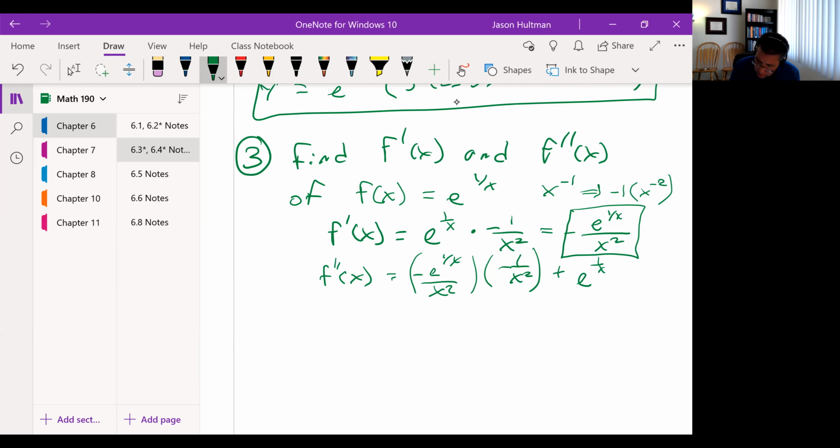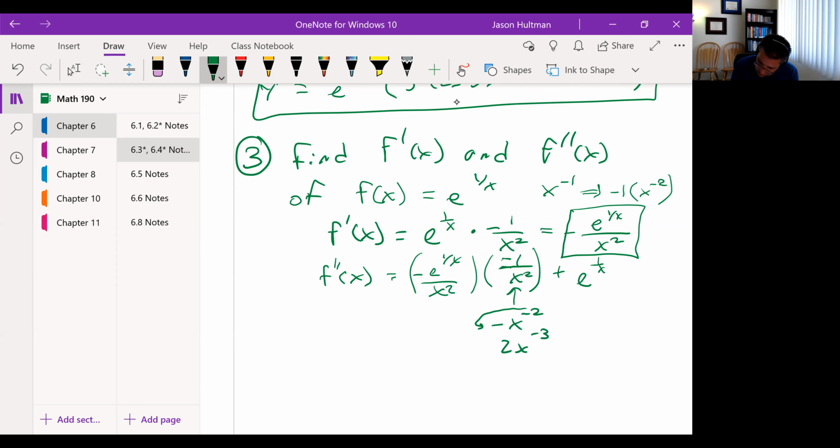Well, that's going to be positive. There's a negative here, by the way, just making sure that negative doesn't get lost. So if I look at this guy here, this is negative x to the negative 2. If I bring the negative 2 down, that becomes a positive 2x to the negative third power.